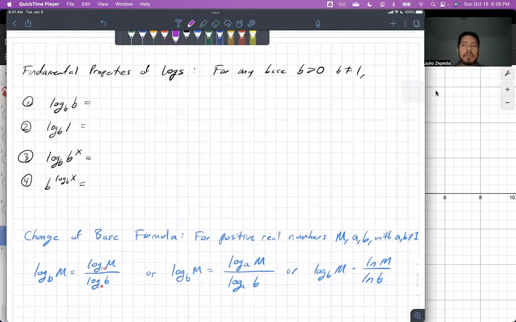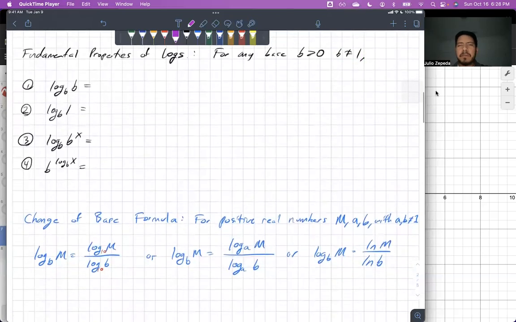So there are more properties of logarithms. These are in the textbook, they're called fundamental properties of logs. And for any base b, the base we said needs to be greater than 0. The base can also not be equal to 1. You can tell me if you see me in class why the base can't be equal to 1. Feel free to share that with me.